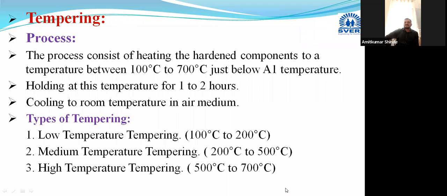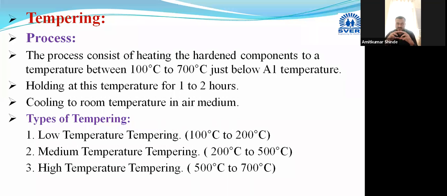That steel sample is collected after the hardening, then it is again heated in a temperature zone between 100 to 700 degrees Celsius. The temperature cannot exceed the A1 temperature line, the eutectoid transformation temperature line. We use a temperature below that, above 100 degrees Celsius and below 700 degrees Celsius.